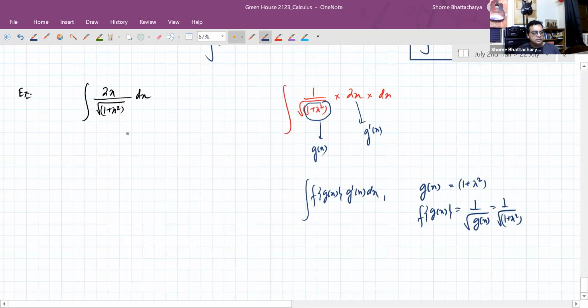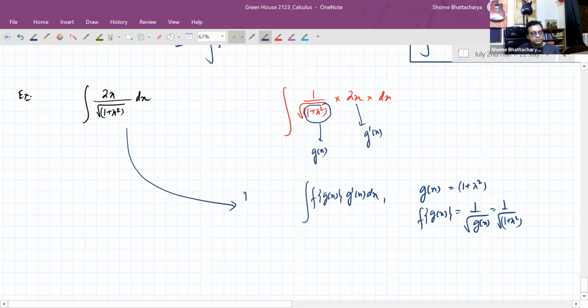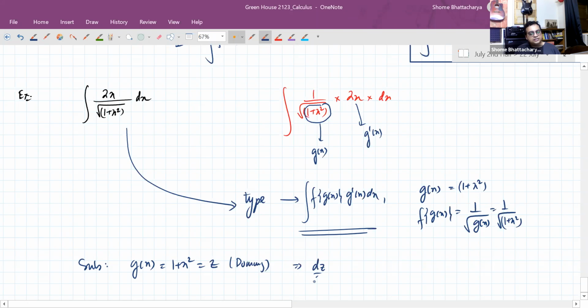So this integral is of this type. The substitution that we do is g(x), which is 1 plus x square, is substituted as z. So dz by dx is 2x, the differentiation of 1 plus x square.